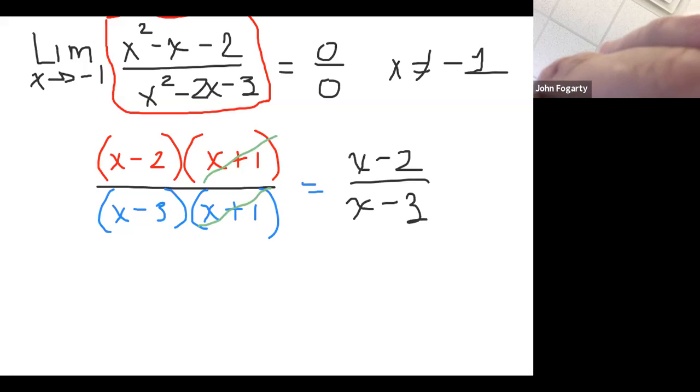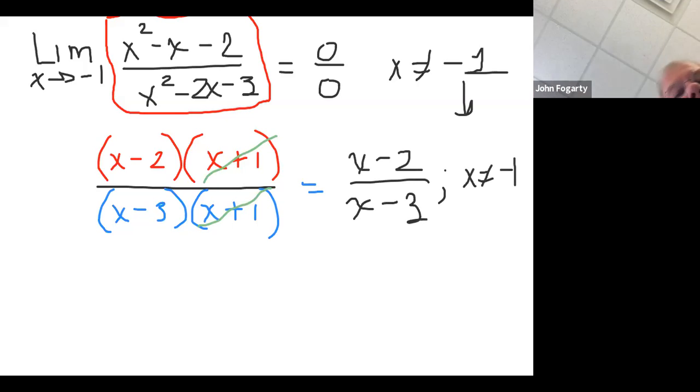Now, here's what I remember. Don't ever forget this. X cannot equal -1. Because if x equals -1, what do I got? I got an undefined. Does that make sense? So now all I'm going to do, once I have this new expression, now notice, we called it indeterminate form.